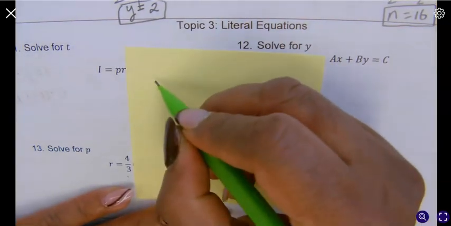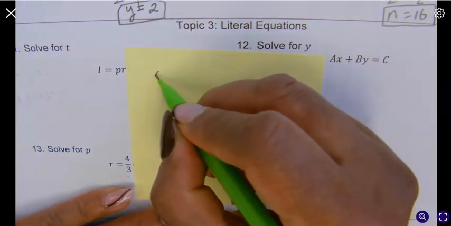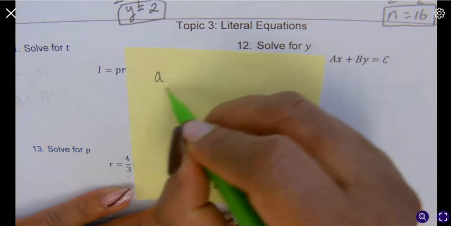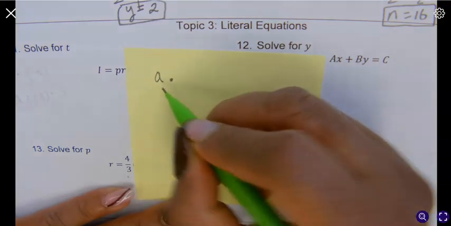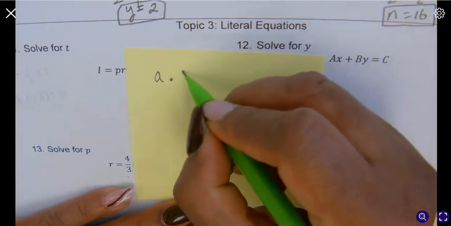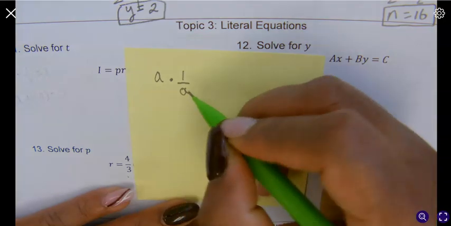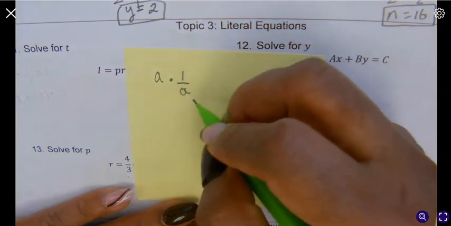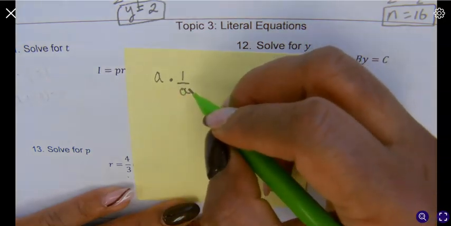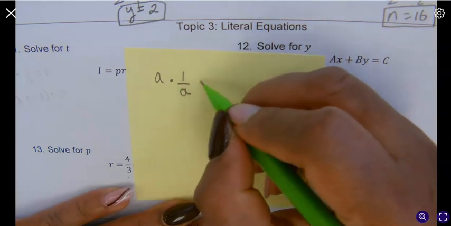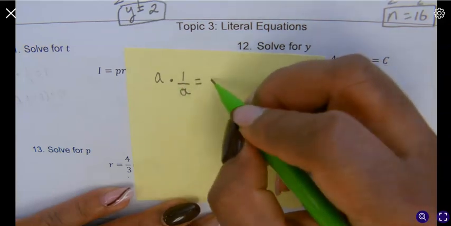One of the main ones that you have seen is this property where if you have a and you want to get rid of that a, you multiply by the inverse of a, which is 1 over a. So that ends up being just 1.